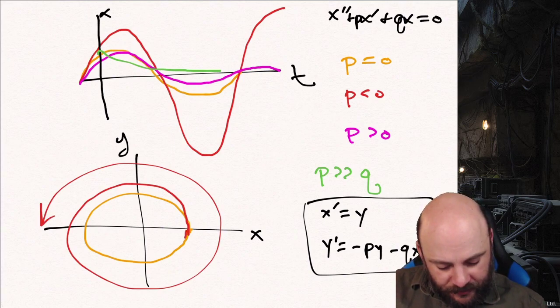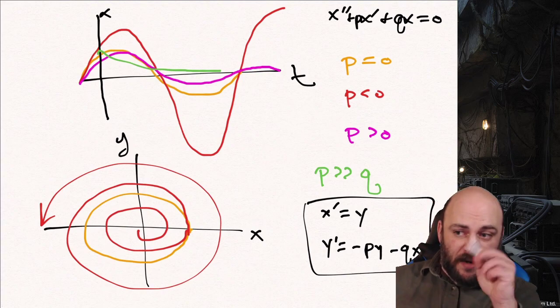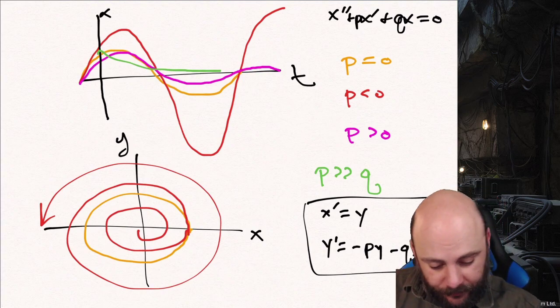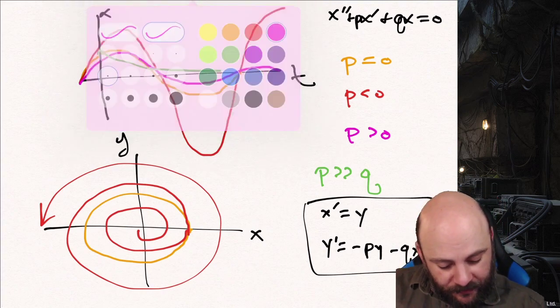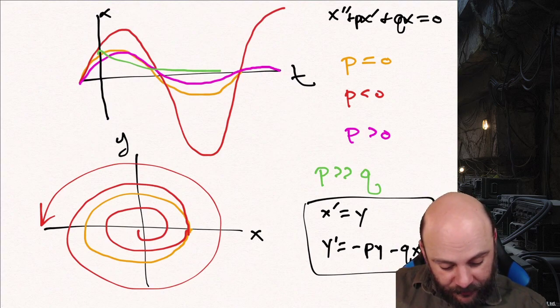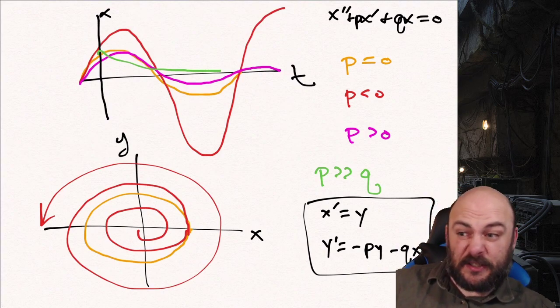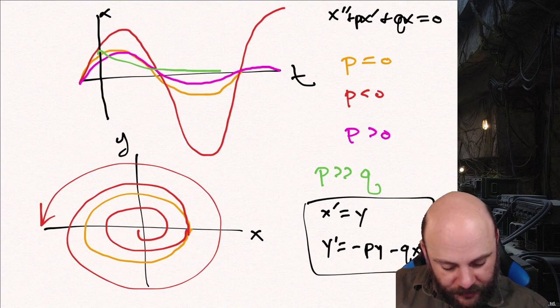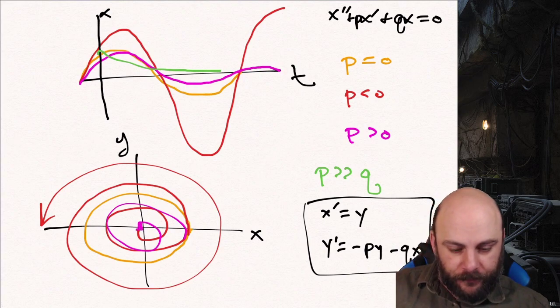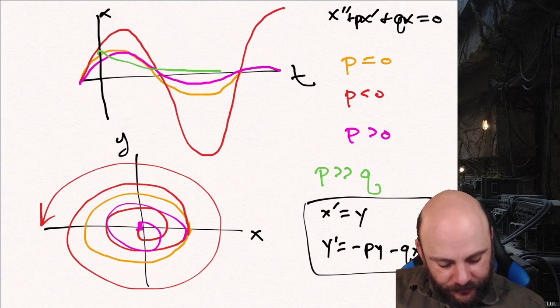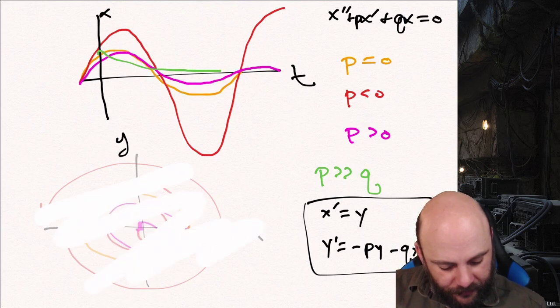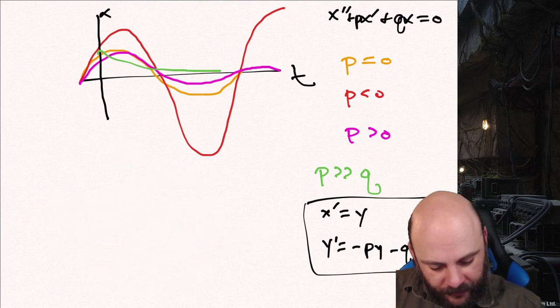And if I trace this all the way back, I could just have this spiral working its way outward. Okay. When p is greater than 0, something's dampening my flow. This picture is getting ugly super fast. I know. Which would mean that I'm spiraling in toward the center. Okay, if I want to make that crystal clear here, let's go ahead and X that out.